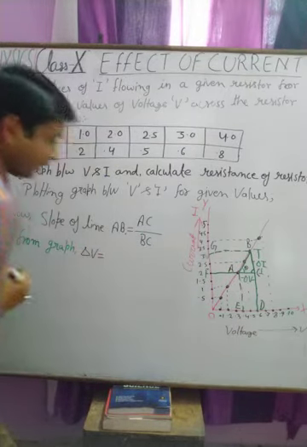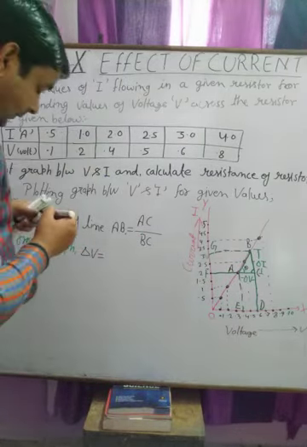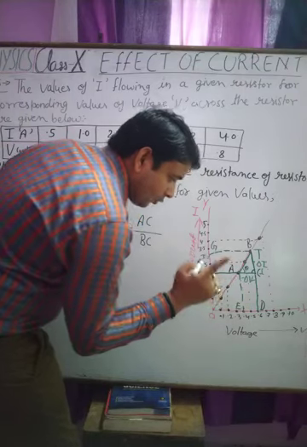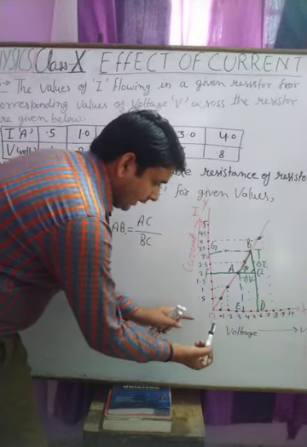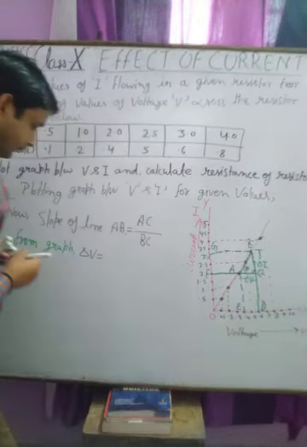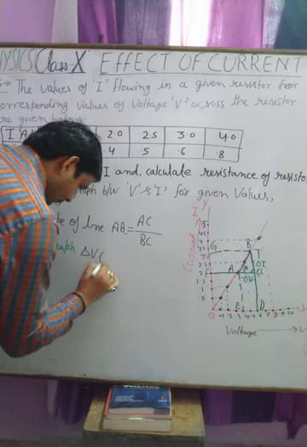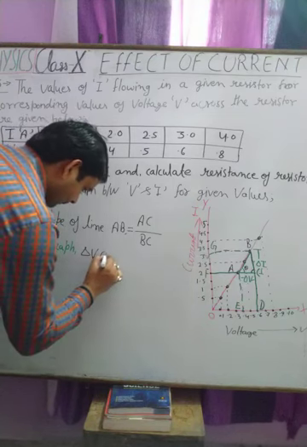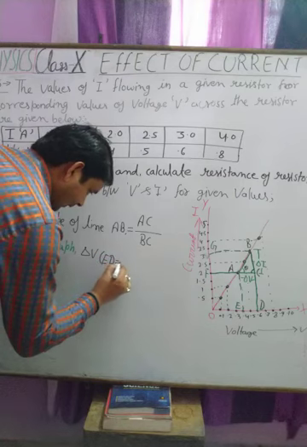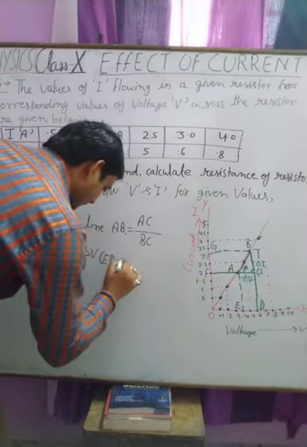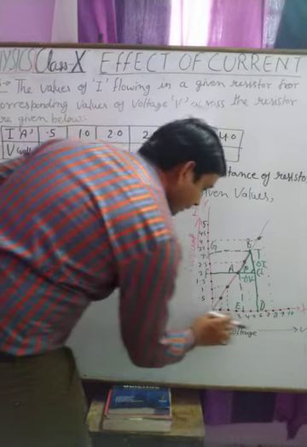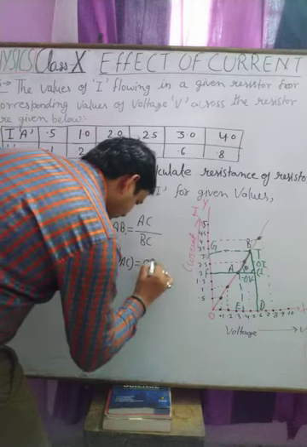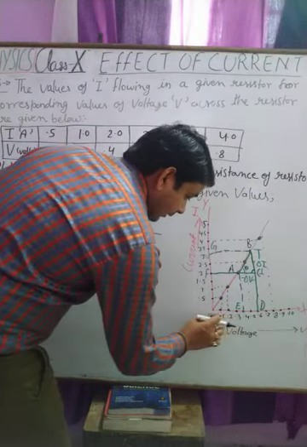Del V is equal to, student, when we are taking these values from A to C, we are using this horizontal line. On this horizontal line, the value equal to AC is given by OD minus OE.